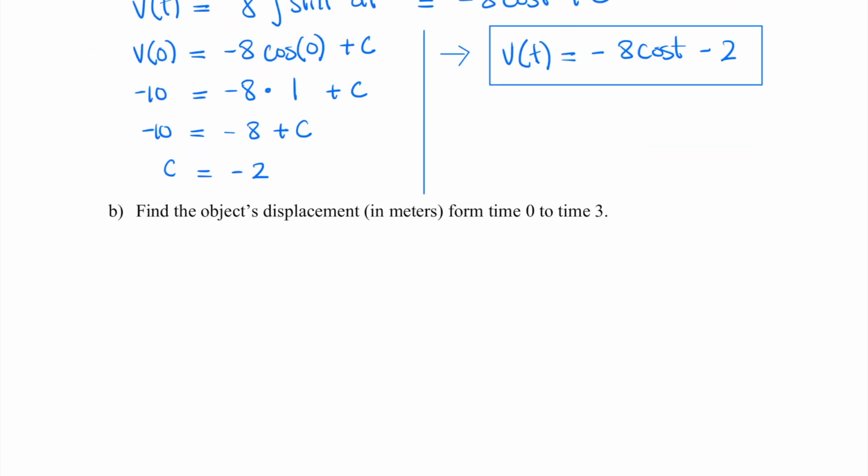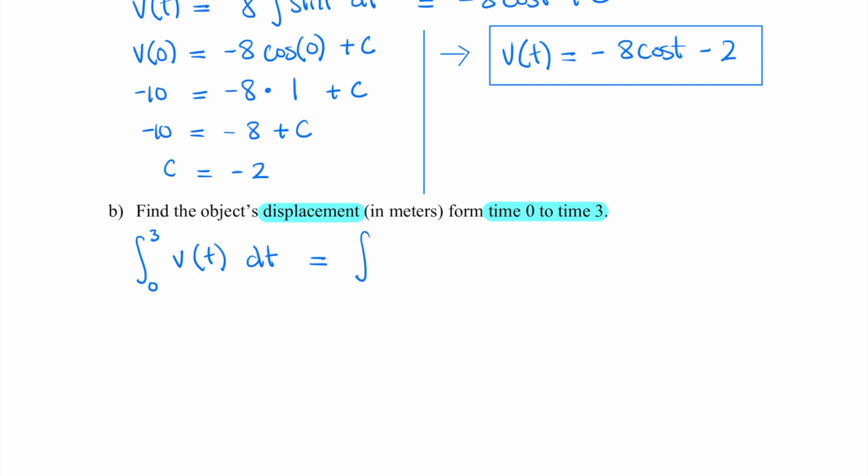Question B. We want to find the object's displacement from 0 to 3. Remember, displacement is the integral of velocity. So we compute the definite integral from 0 to 3 of v of t dt. And v of t was found in question A, which is negative 8 cosine t minus 2.